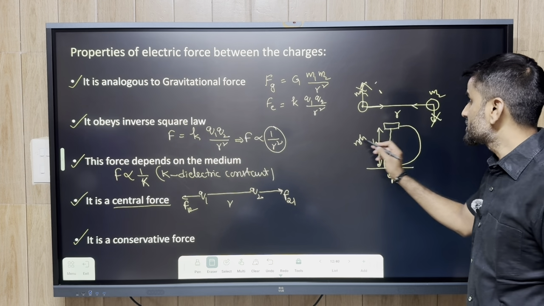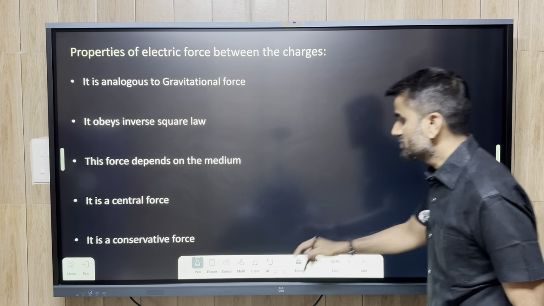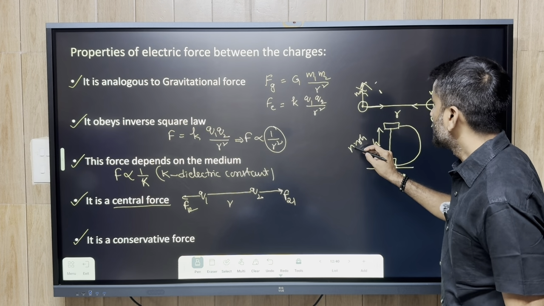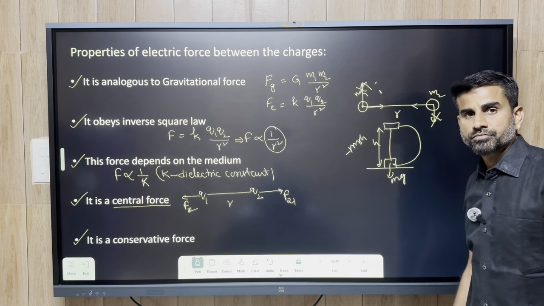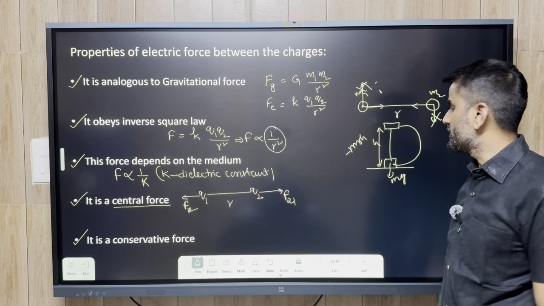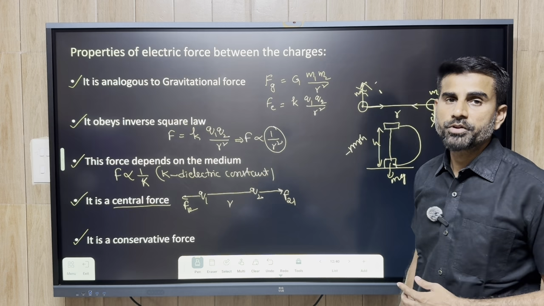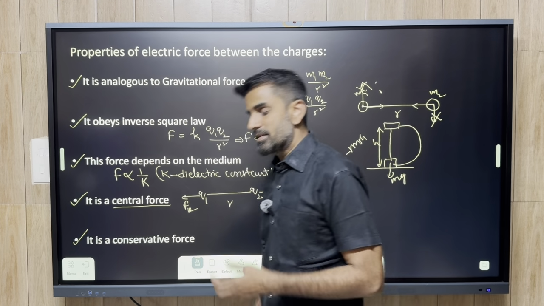Work done by gravity is mgh in both the cases, minus, because mg is acting downwards while displacement is upward. In both the cases, work done by gravity is the same. It is independent of the path followed. So we can say the gravitational force is a conservative force.